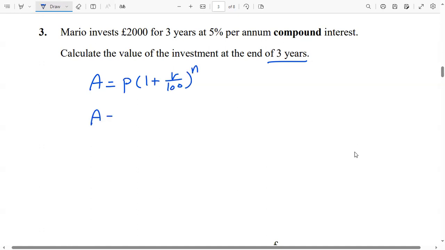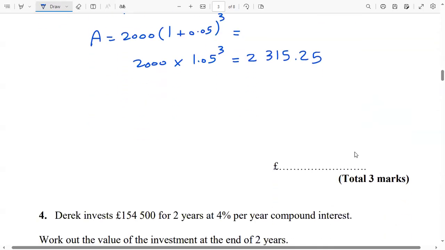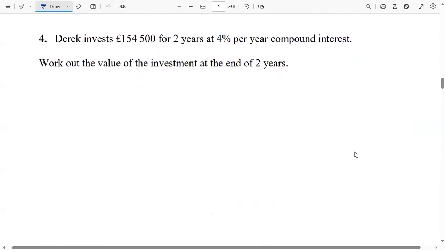So the final amount A is the input money 2,000 multiplied by 1 plus 5%, which is 0.05, to the power of 3. Write 2,000 times 1.05 to the power 3, and get the value from the calculator: 2,315.25. Okay.